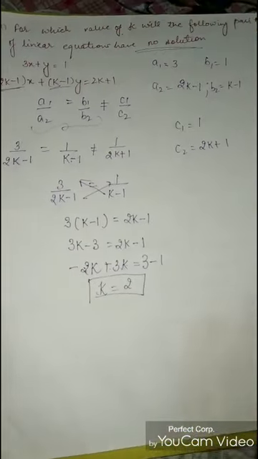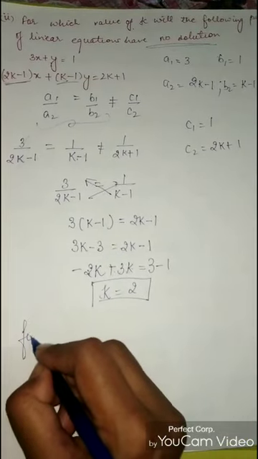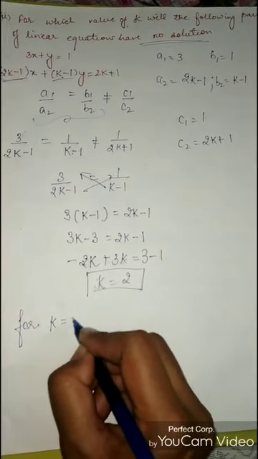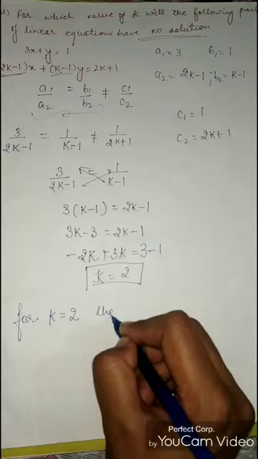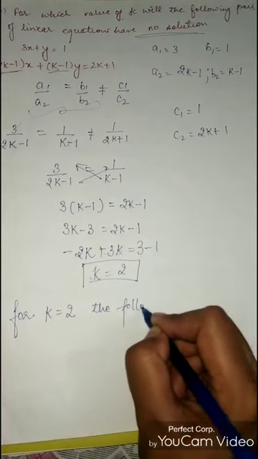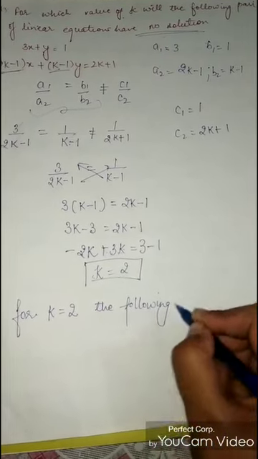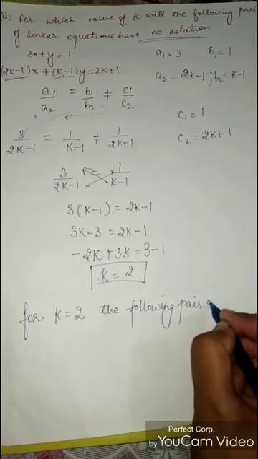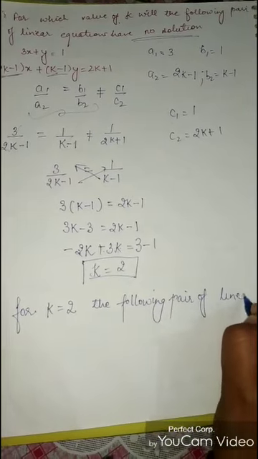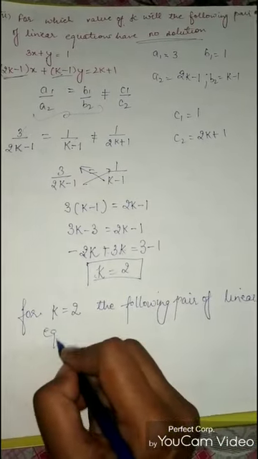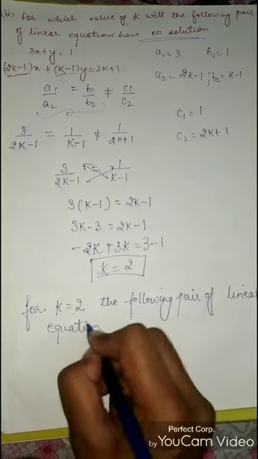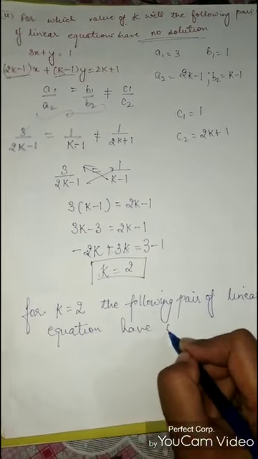So we'll write, for k is equal to 2, the following pair of linear equations have no solution.